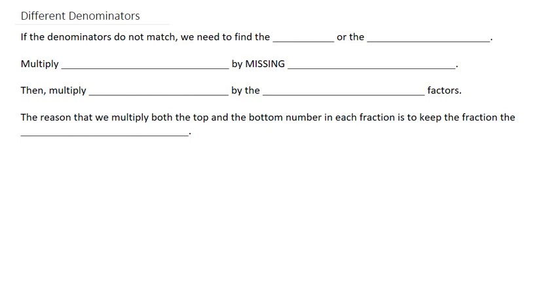Different denominators. If the denominators do not match, we need to find the least common multiple, or in this case, the least common denominator. So how we do this is we multiply the denominators by missing factors.